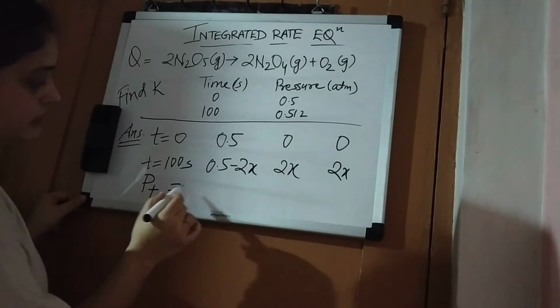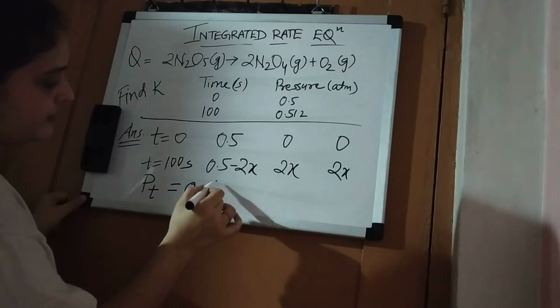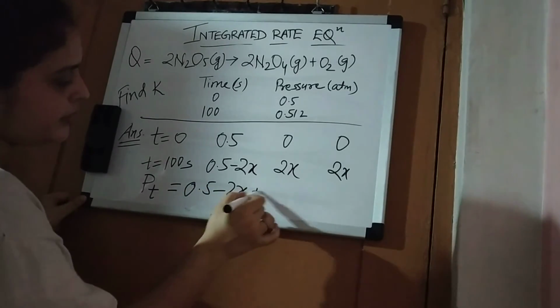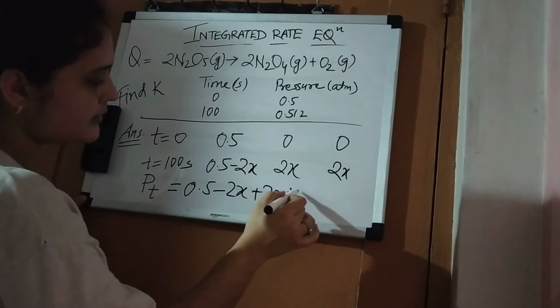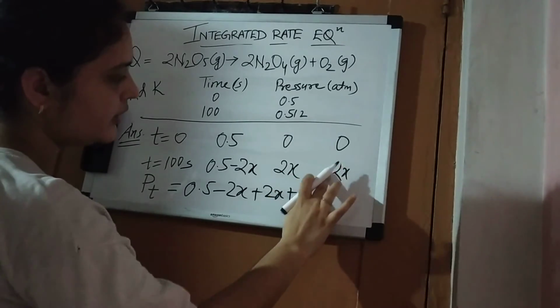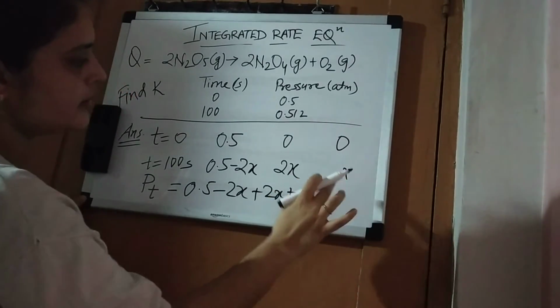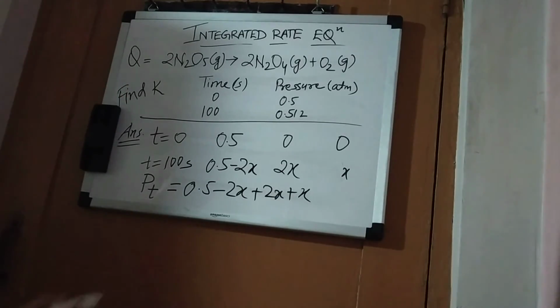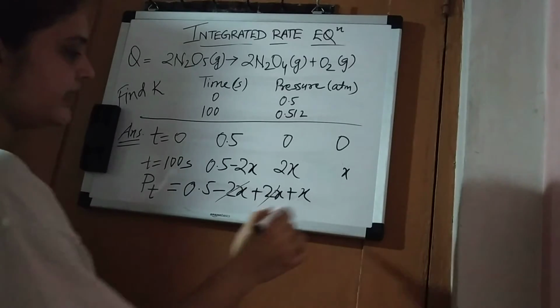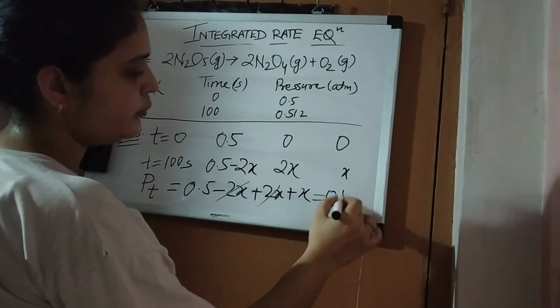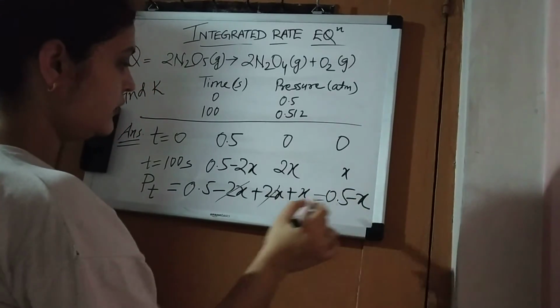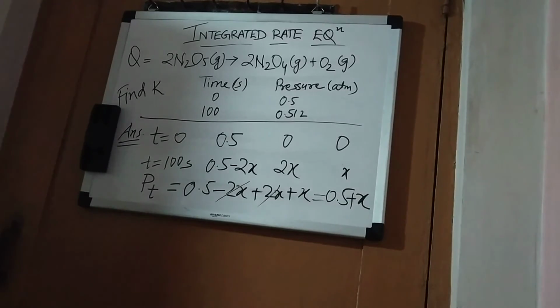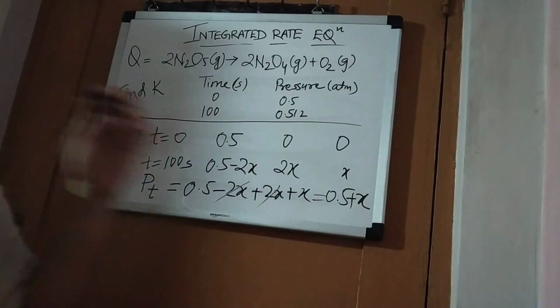It will be equal to 0.5 minus 2x plus 2x plus, sorry, x will come because oxygen has only one coefficient, plus x. So 2x and 2x will cancel out, and we will get 0.5 plus x. So P total is 0.5 plus x.